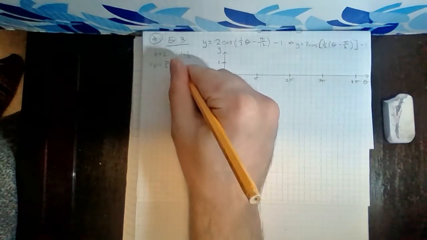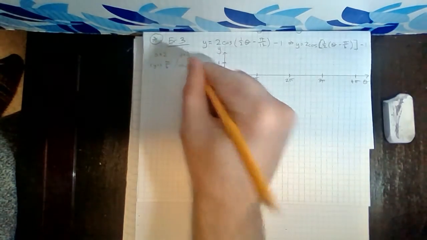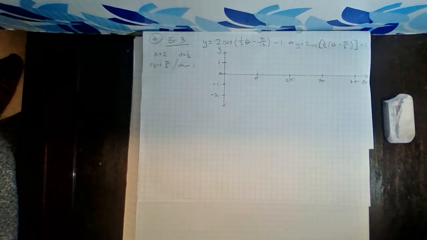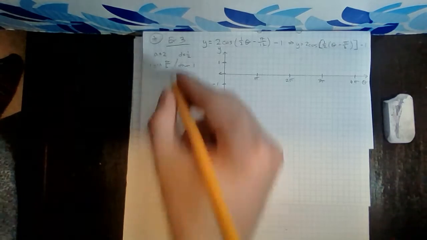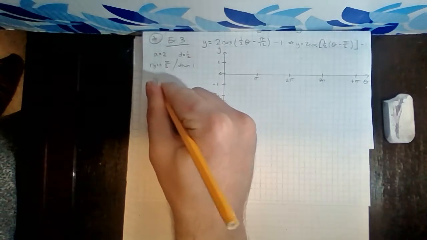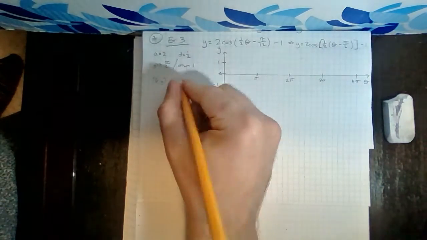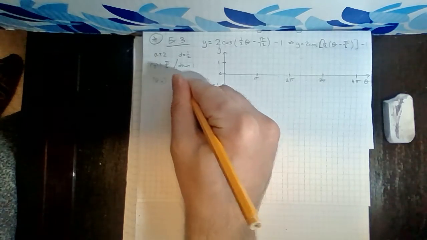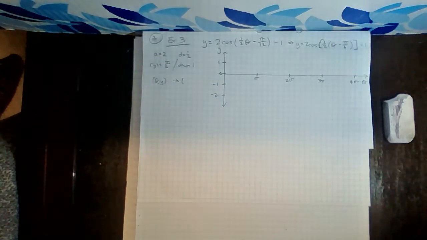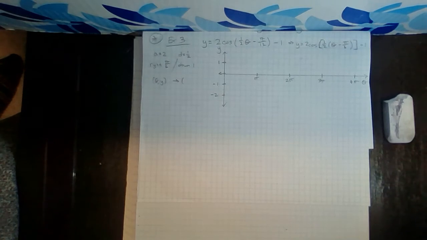And we have a shift down by 1. So we can look at our coordinates. This time we're doing it in terms of theta instead of x. That's okay, we're still doing it the same method.